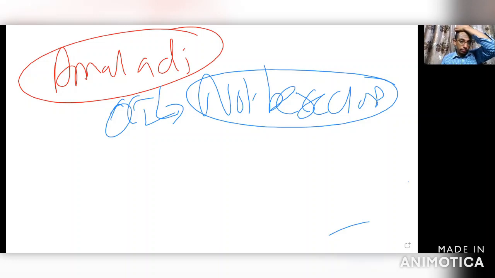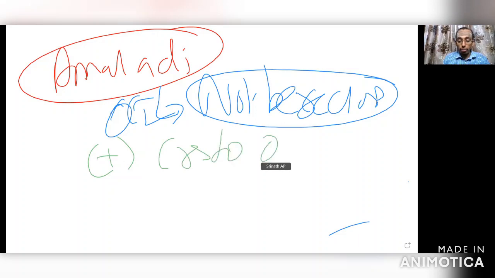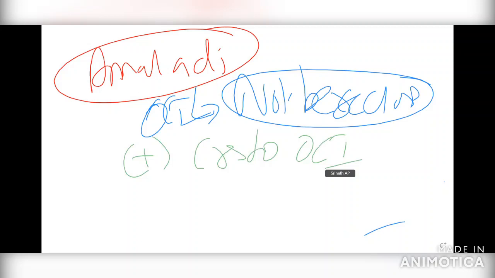Now, in this, you have to understand 2 points. First, add any amount that is credited to OCI, not P&L, in items that would not be reclassified to P&L account.